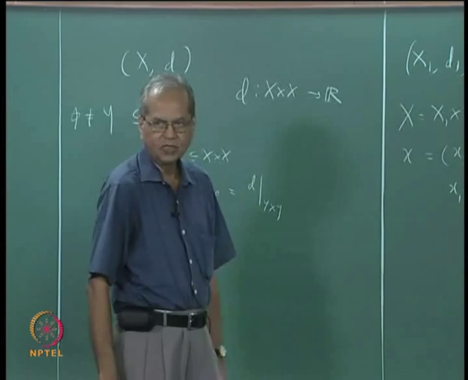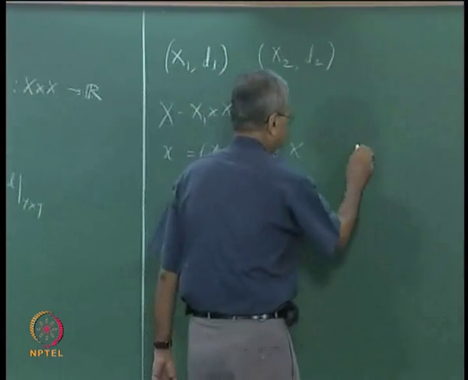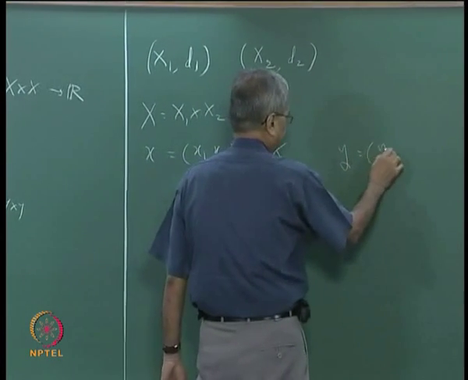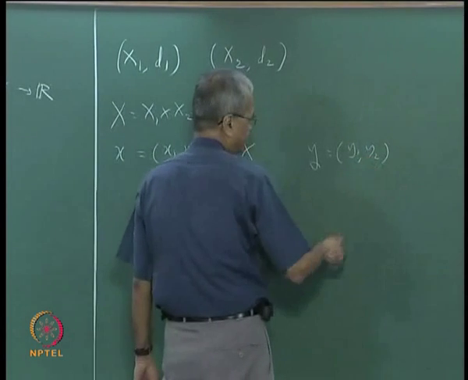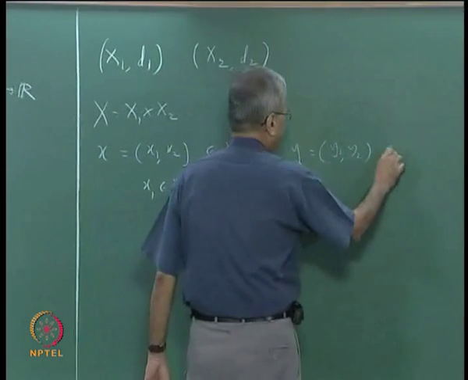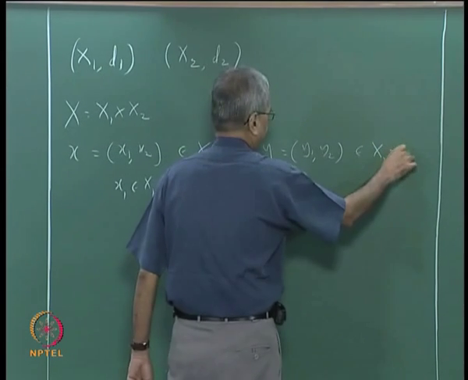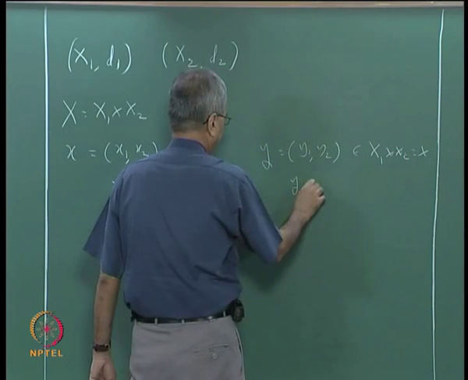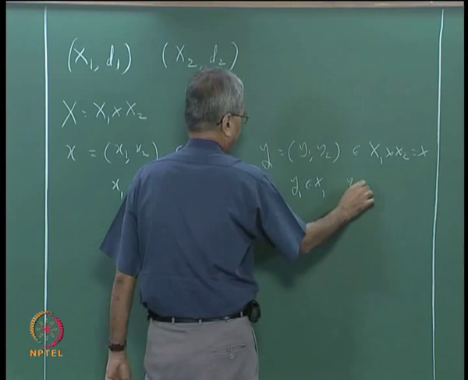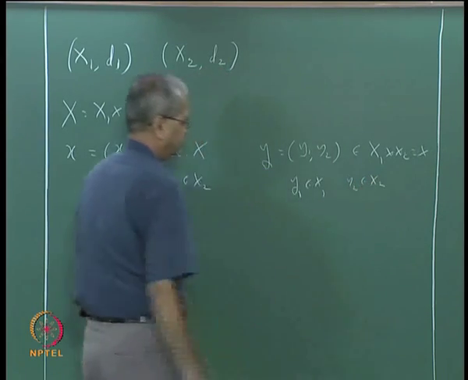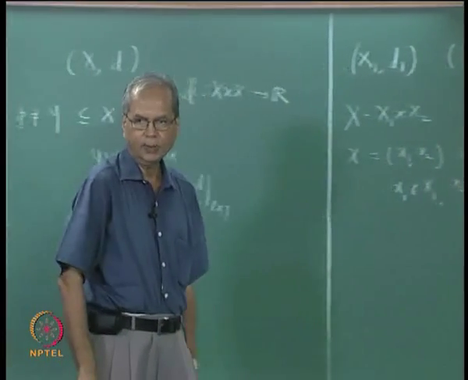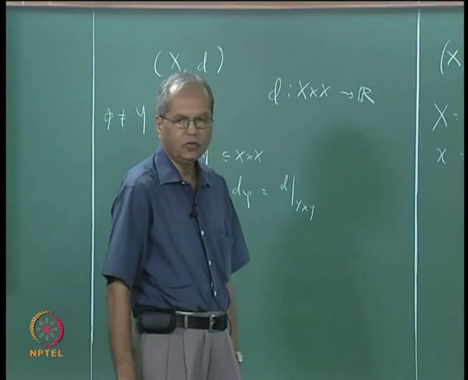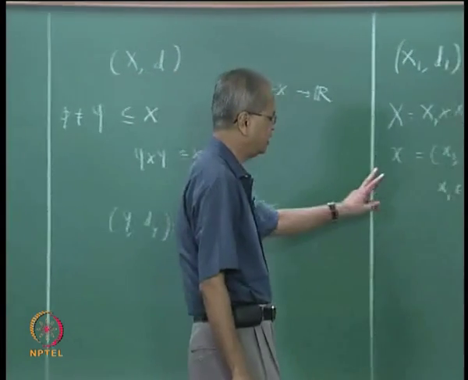Similarly, suppose I take another element y as (y1, y2), that will also be in X1 cross X2, which is X, and so y1 will be in X1, y2 in X2. And now suppose I want to define what is meant by the distance between x and y.